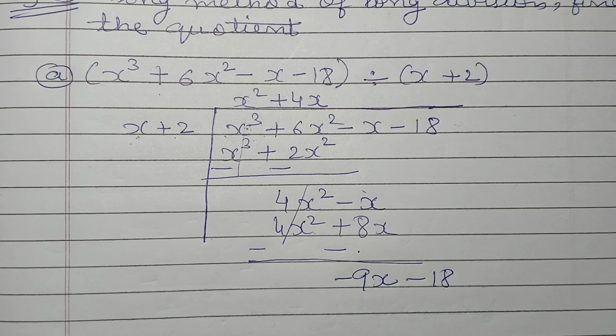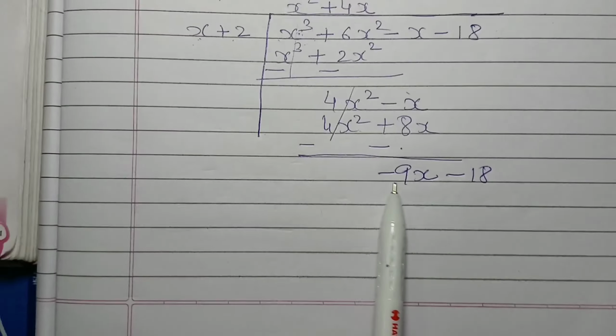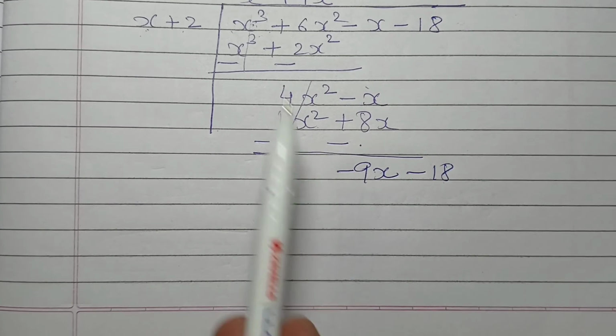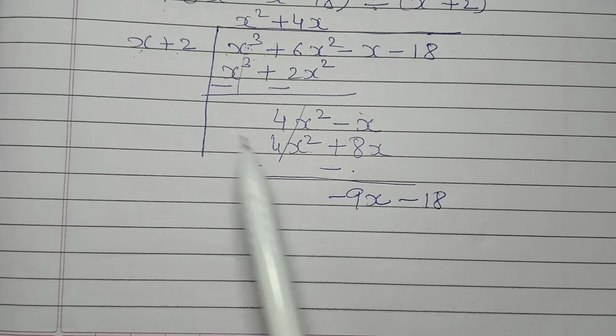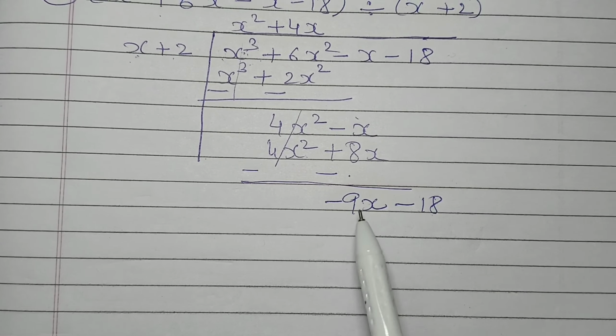Now if I divide the first term of the dividend by the first term of the divisor, that is x, I will get minus 9. So I'll put minus 9 here. If I multiply minus 9 with x, it gives minus 9x, and minus 9 with 2 gives minus 18.